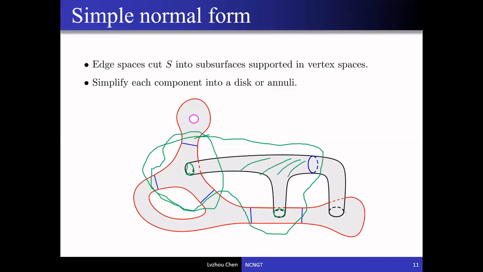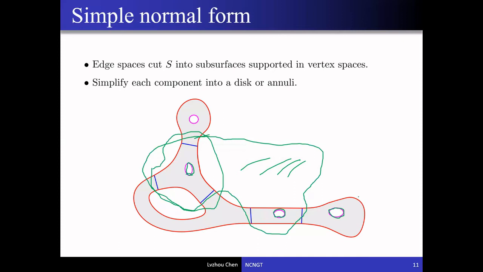And similarly for this component, we'll cut out a tubular neighborhood of this polygonal boundary and throw away this annulus. After throwing away these components, we get a new surface that is also relatively admissible. And the components that we throw away necessarily have a non-positive Euler characteristic.